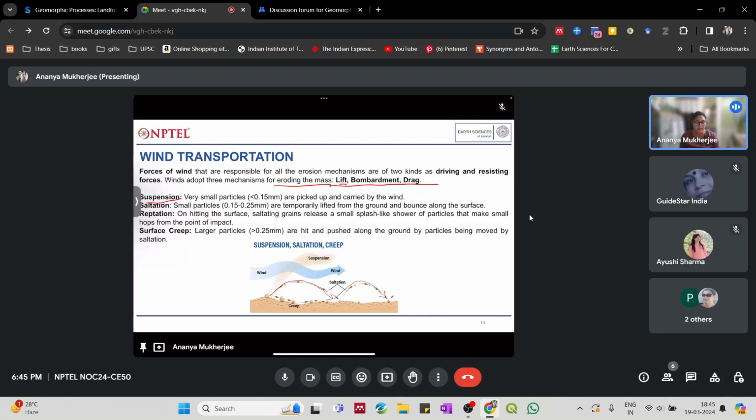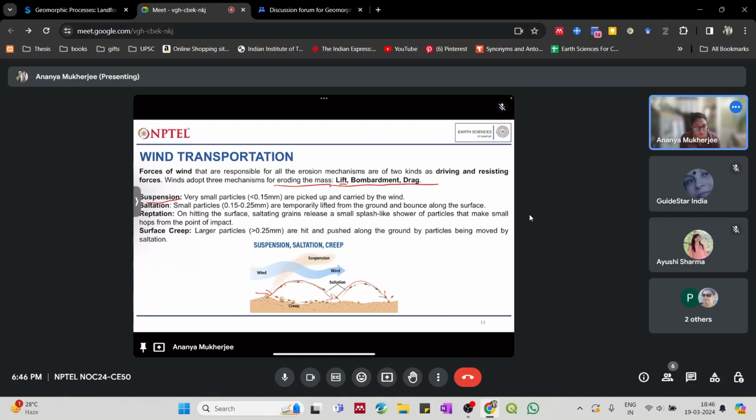They gain the energy to get transported when they are hit by a different sediment, where they get kinetic energy again to move with the wind, and reptation is where the hitting of a bigger sediment causes a bombardment, and because of that bombardment finer sediments are created due to the disintegration of the particle.